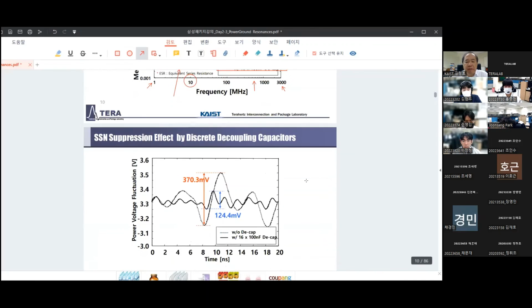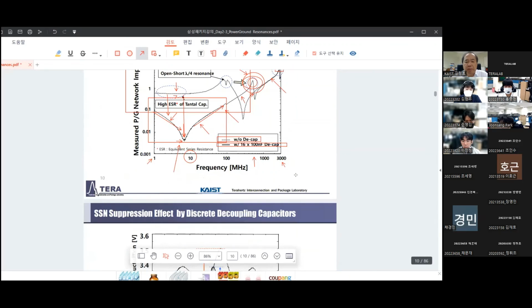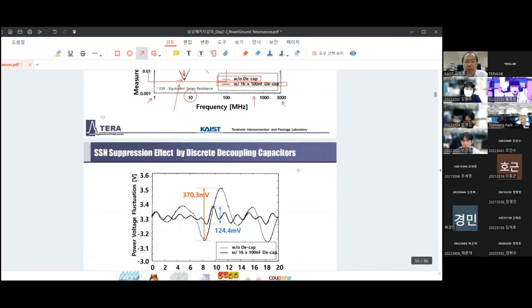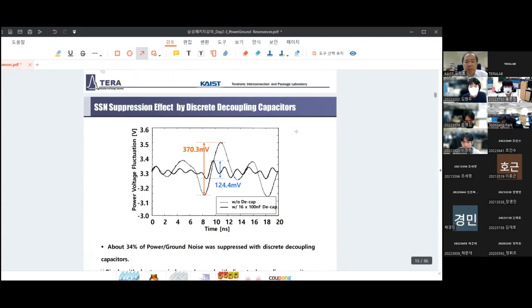I believe in this PCB we had a chip with a 100 megahertz switching device. At 100 megahertz, for example, impedance is reduced a good amount. Because of that, we measured the power supply noise, and without decap, the noise was 370 millivolts.